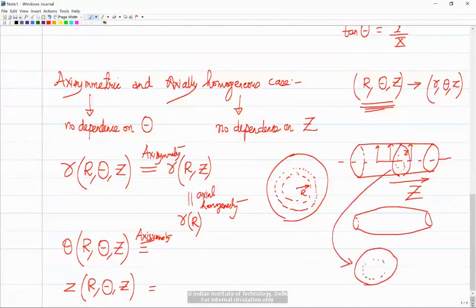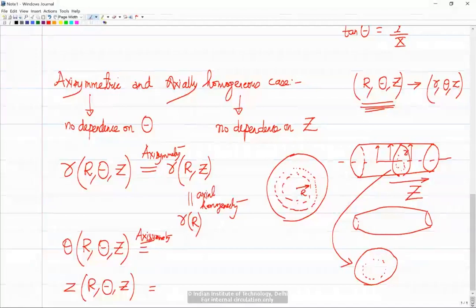Now, if small z depends on big theta, can you see what will happen to the cross section? The cross section will suddenly not be planar, isn't it? And one thing is for sure, it is not going to obey axisymmetry.